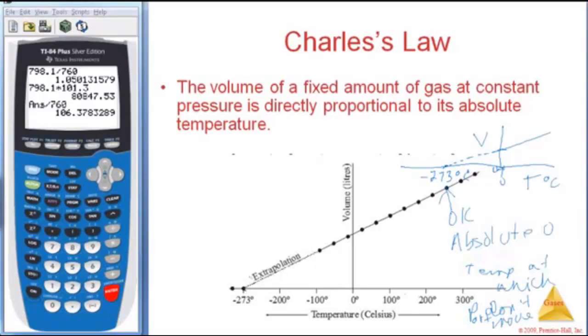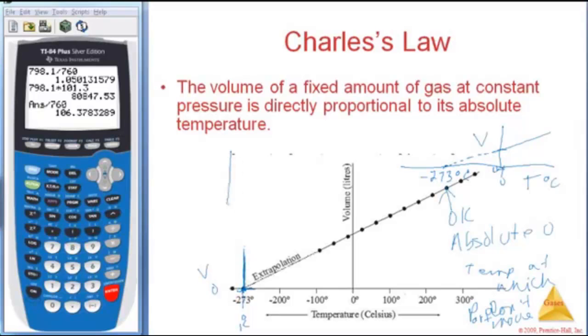So this is a point where I have no temperature, which means particles are not moving, and because it's hitting 0 here, this is 0 K and 0 whatever volume units I have. It's also saying that I take up no space, and we know matter takes up space. So this is the theoretical lowest possible temperature.